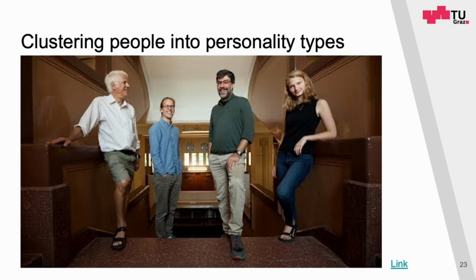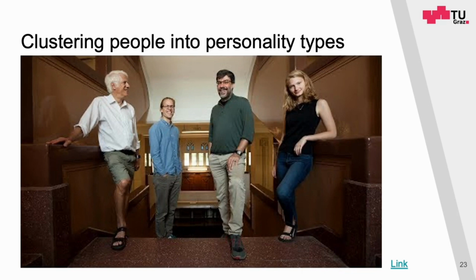So for those of you who are already familiar with the Big Five, this is a concept in psychology in order to determine the personality traits of people. So there are 5 personality traits, and yeah, you can ask specific questions to determine each personality trait, or which personality trait each person has. And they did basically that.